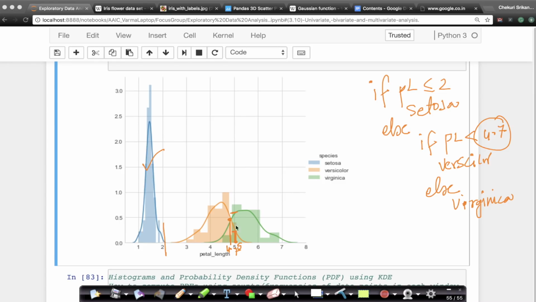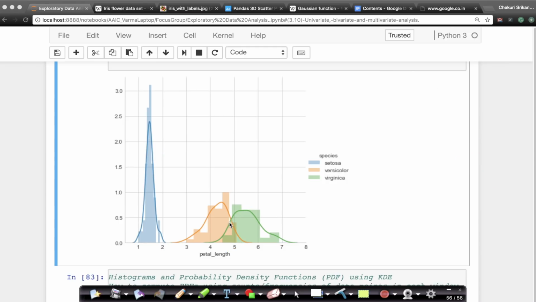And hence, whenever I see a value of 5, I should declare that point as virginica and not versicolor, because in my data set of 150 points, I find more virginica points with a petal length of 5 and fewer versicolor flowers which have a petal length of 5, right? Since the orange plot is below the green plot, I give preference to the green plot.